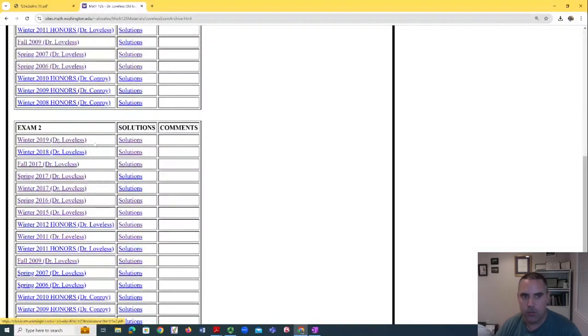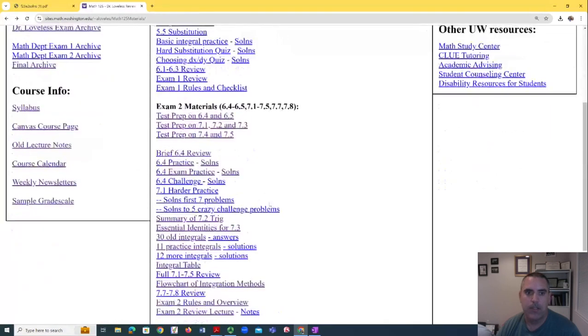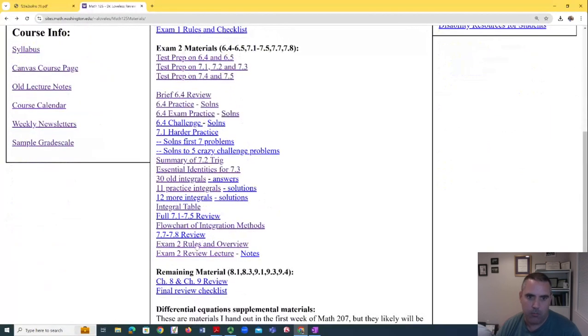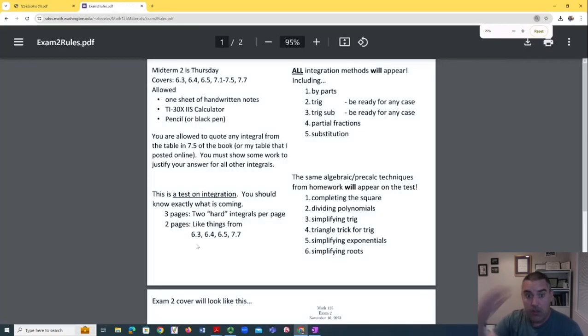UW exam 2 consists of mostly integration plus a few other topics. I have a review here, and it's always going to depend on the quarter, but we do the full breadth of integration, and then possibly something about volumes or work or average value, approximating integrals.